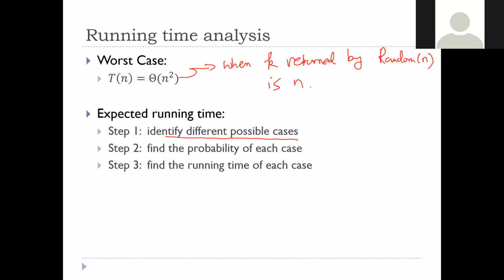Then compute the probability of each case, and find the running time of each case. Then the total expected running time equals the running time of each specific case multiplied by its probability, summed up. You essentially sum up the running time of all possible cases, weighted by the probability that they happen. This is the standard three steps.